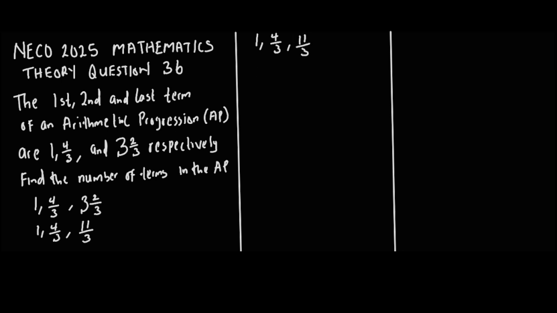Now, let's bring out the information given in the question. But before we go to the information, what is the formula for calculating the nth term of an AP? That is Tn equals A plus n minus 1 bracket D. Here, our A is equal to the first term, n is the nth term, and D is the common difference.